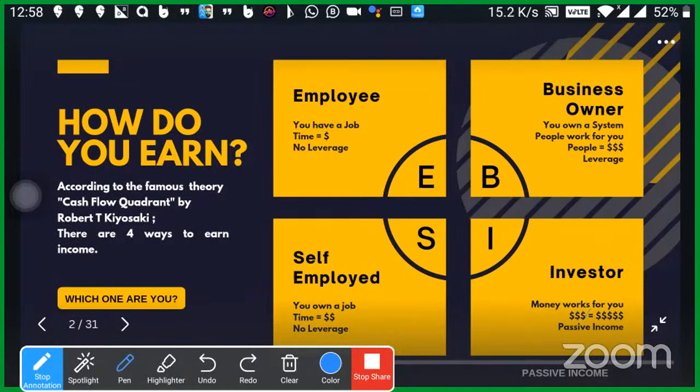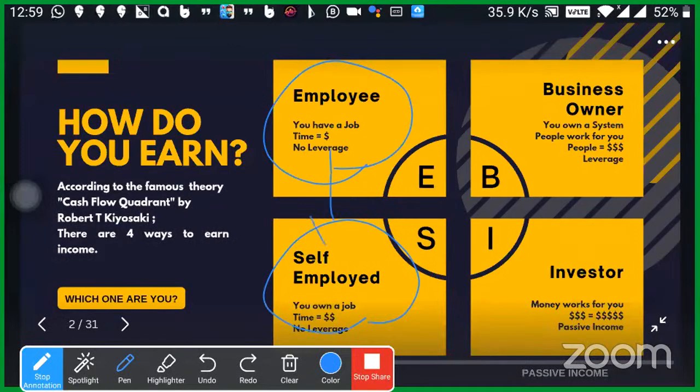But if I ask you, who is the person out of these four who earns the maximum, who is the richest person? You can see an employee is limited to his working hours, but a self-employed person earns more than an employee.